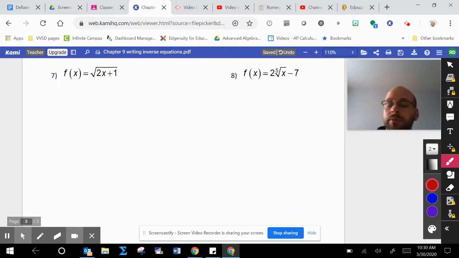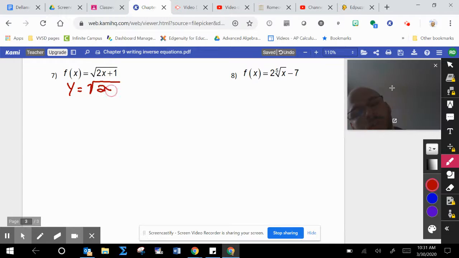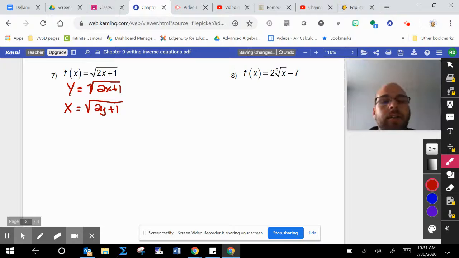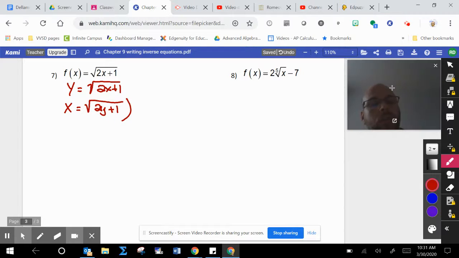Okay, last 2. Same way. So y equals the square root of 2x plus 1. Transpose x and y. All right. Now, I can't subtract the 1. I can't divide the 2 because they're all stuck inside this radical. So we need to get rid of that square root. So I'm going to square both sides.